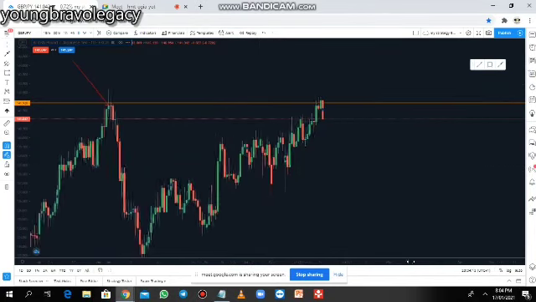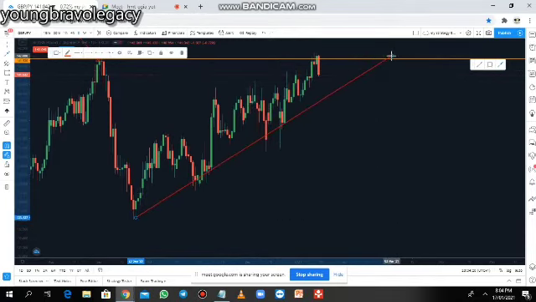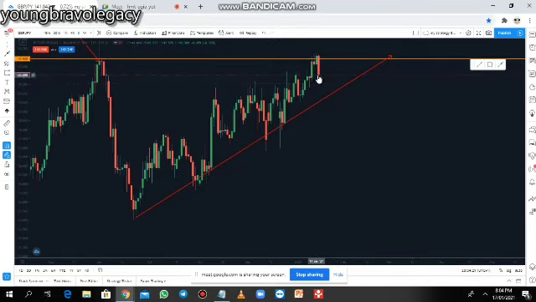Now when you look at this daily time frame as well, from here price has been on an uptrend. For you to say you want to take a sell, or are looking forward to a sell based on this daily time frame, you have to be sure that the downtrend is broken.